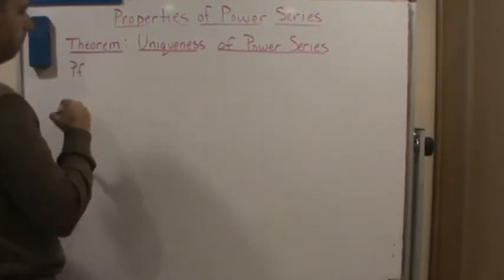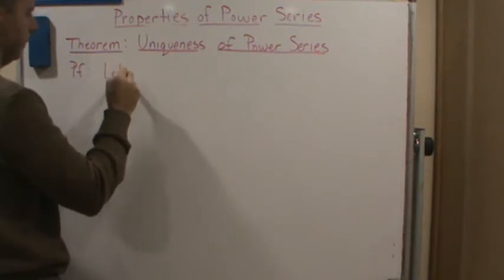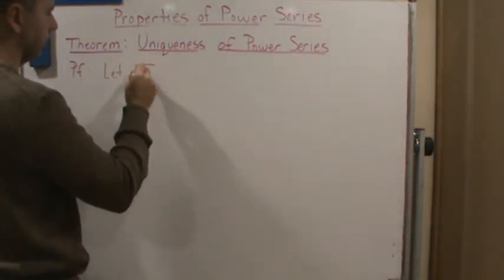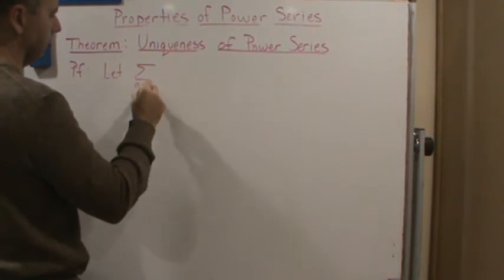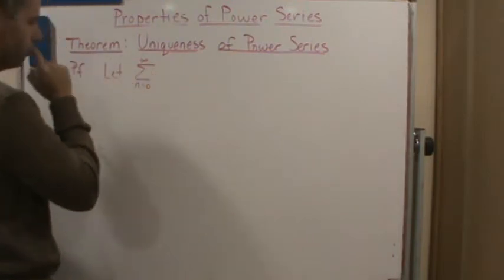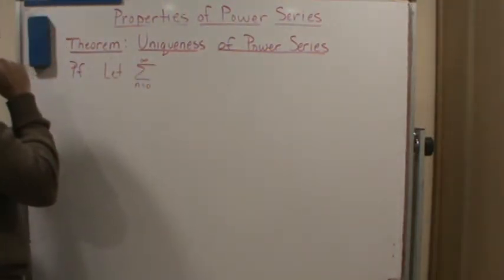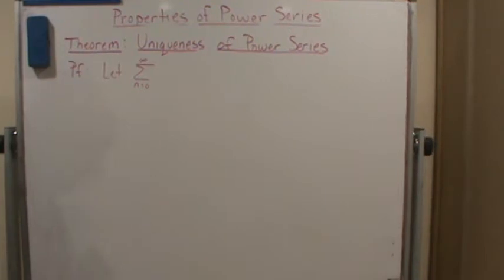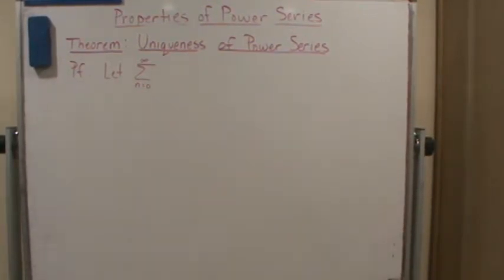Let f of x equal the sum from n equals 0 to infinity of c sub n times x minus a to the n, centered at a. Okay, so we're going to use these as power series representations.